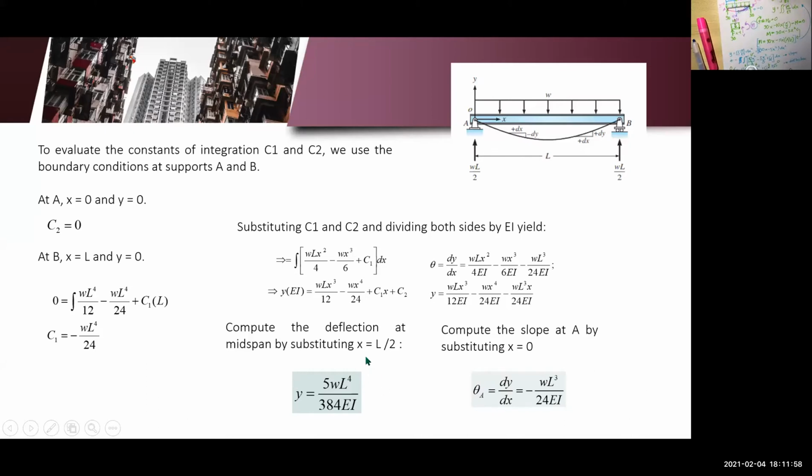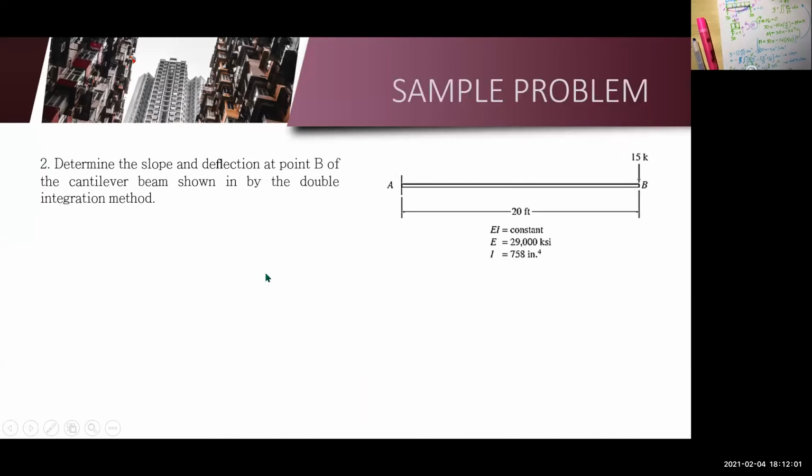So, yun. Next problem. Okay, so, again, I'm going to solve this manually para mas maintindihan nyo. I'm just going to copy the problem first. So here we have a cantilever beam. Cantilever beam siya, no? Tapos may concentrated load sa free end. We have here 15.